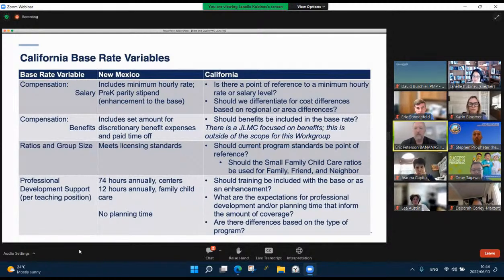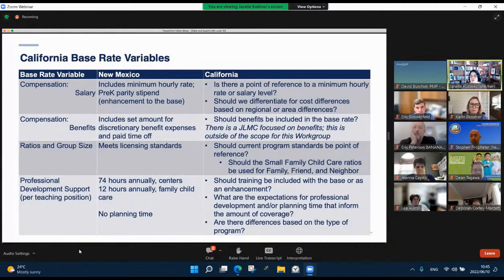It's confusing to people who don't really understand what the work of the work group is: true cost of care versus how we recommend providers get reimbursed. And then what are the factors we use to decide how we reimburse? Is it going to be group size, ratio, credits? What is it? I just would put that out there because I believe that could be confusing for people.